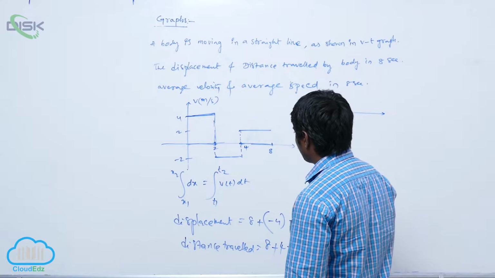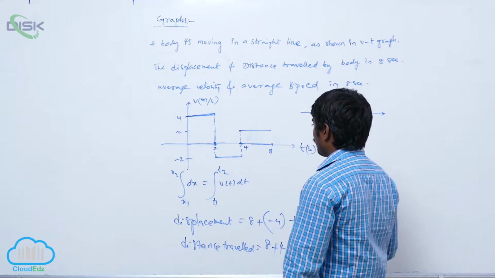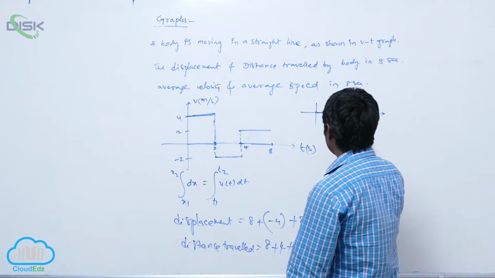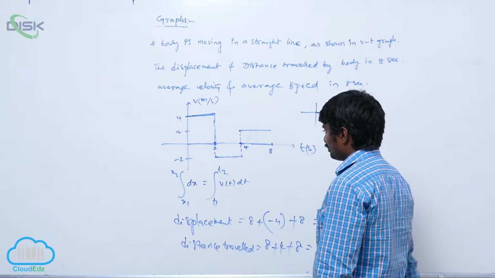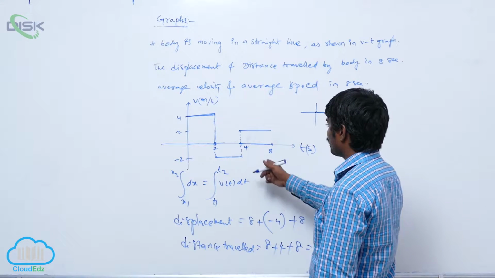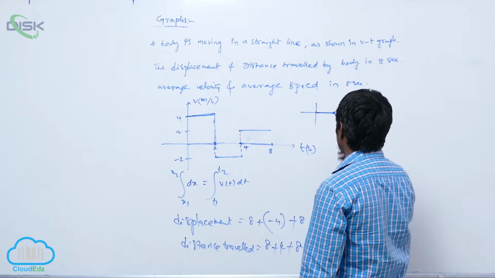After that, from 2 to 4 seconds with minus 2 meter per second, which means the direction of motion changes. And again from 4 to 8 seconds with 2 meter per second along the positive x-axis, positive again, like this.